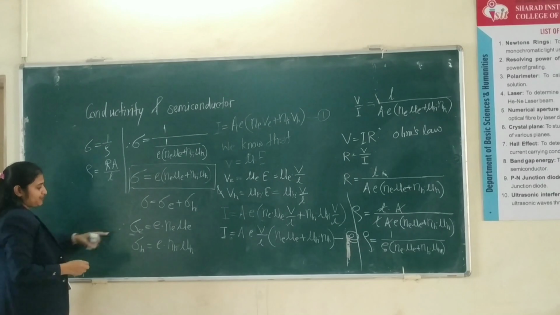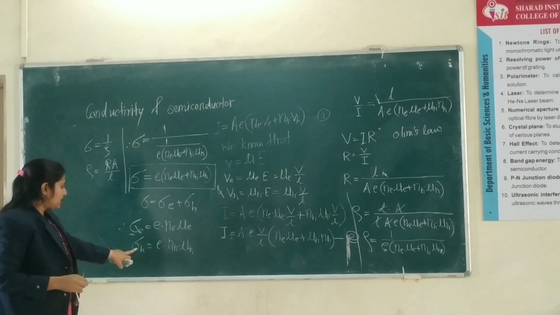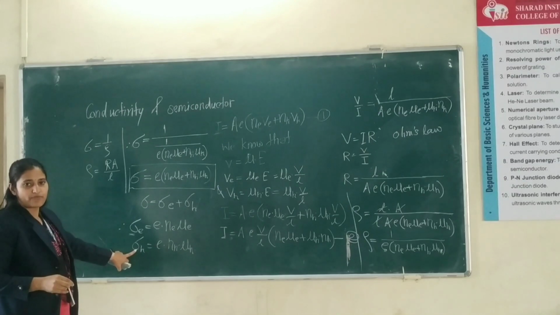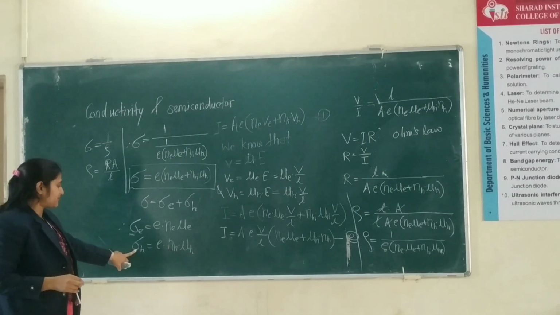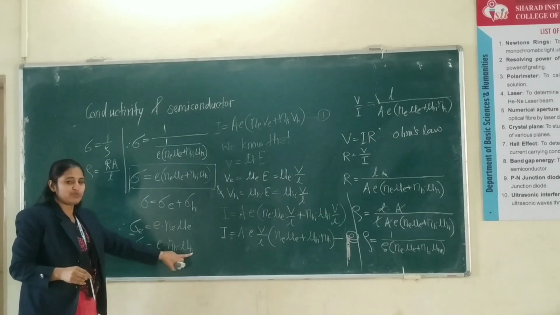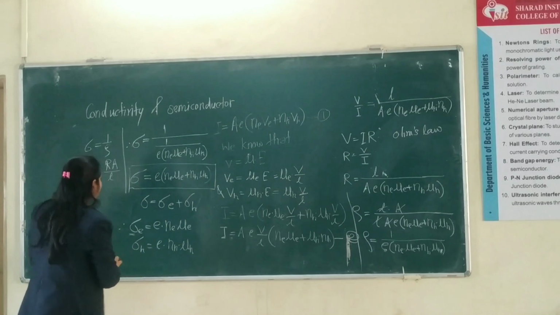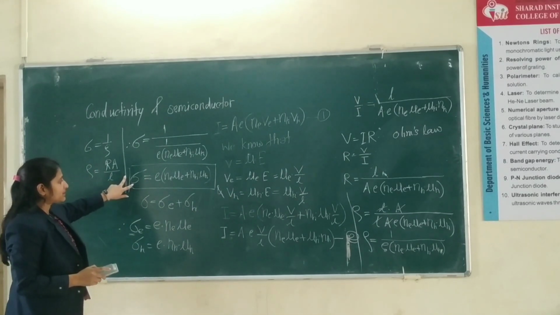So this is the conductivity of electrons in semiconductor, and this is conductivity of holes, that means p-type semiconductor, and it is equal to E into NH into mu H. Okay. So this is the main conductivity of semiconducting materials.